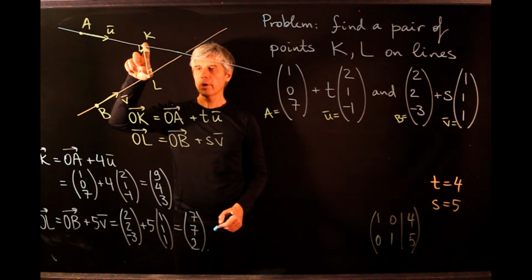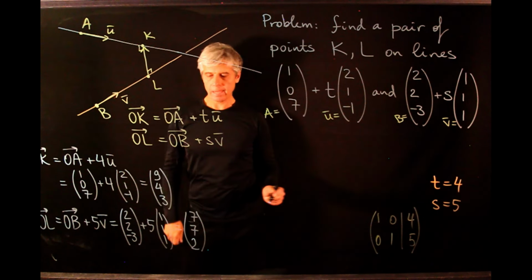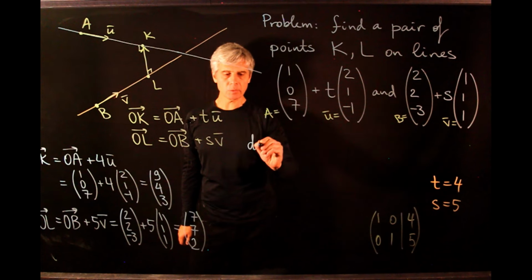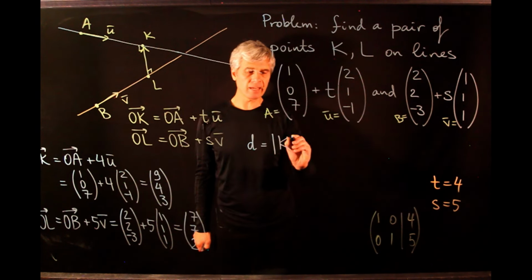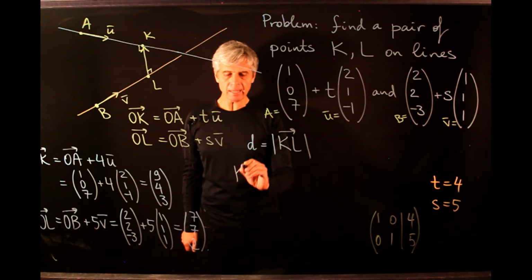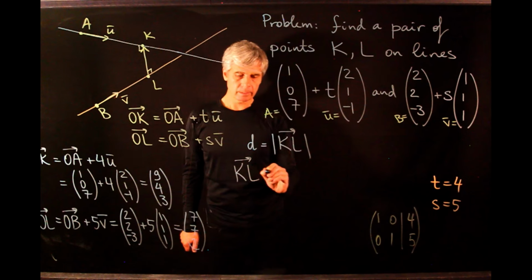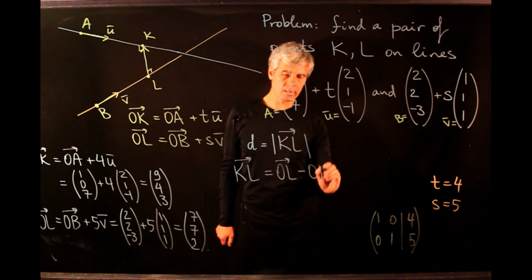Now we found points K and L on these lines that are closest to each other. And then the distance between these two lines is the length of a vector KL. And so this vector KL is equal to OL minus OK.